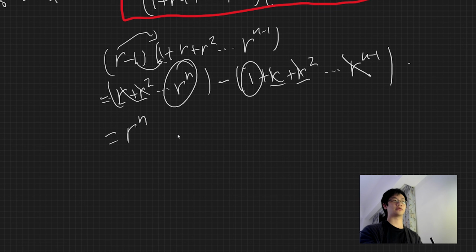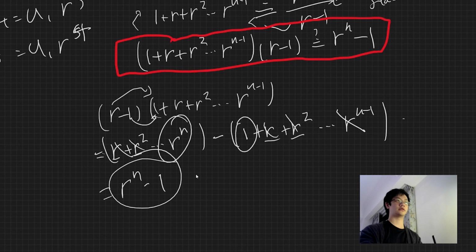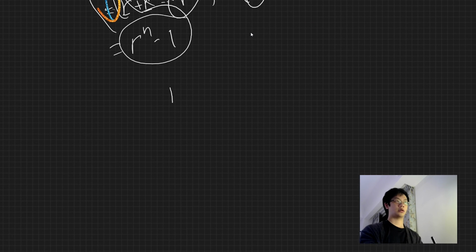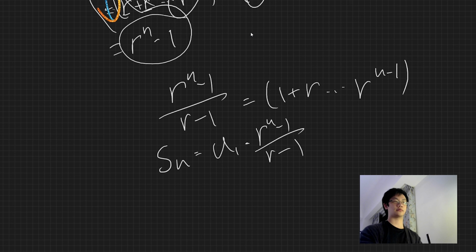So I have r^n minus 1, and very nicely, that goes to here, which is the original statement we had. Therefore, I have proven that (r^n minus 1) divided by (r minus 1) equals 1 plus r till r^(n-1). And hence, the sum equals u1 times (r^n minus 1) over (r minus 1). So this is the sum formula.